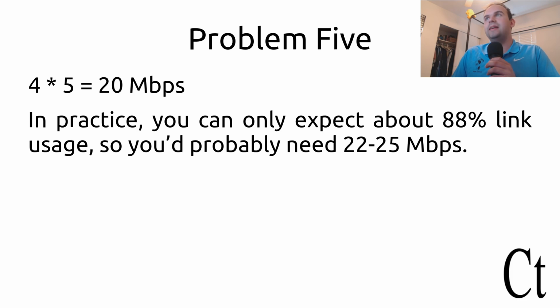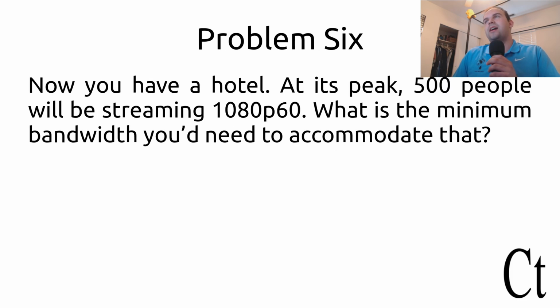It's crazy. Problem 6. Now, this is the big one. Now you have a hotel. Look at you go. So successful, after I was just slandering you. At its peak, 500 people will be streaming 1080p 60 video. Like we just saw, that's about 4 megabits per second each. What is the minimum bandwidth you'd need to accommodate that?